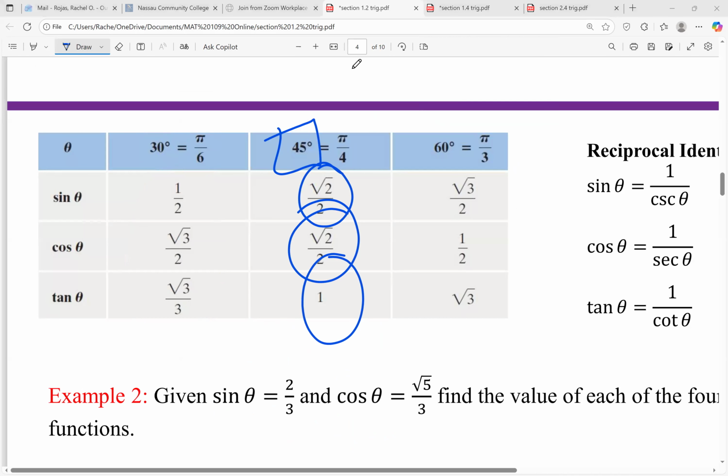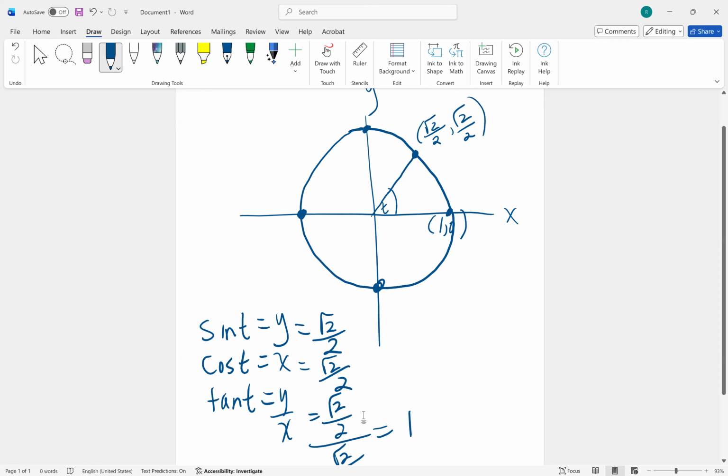So this angle that we just formed here, t, happens to be a 45-degree angle. Again, I'm not asking you to solve for that, but I want you to make the connection. And that's where these values in the table are coming from, right? So we use those special triangles, but it all relates back to this unit circle.